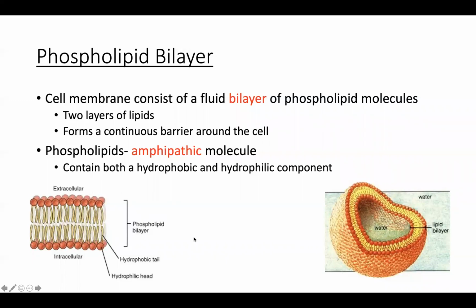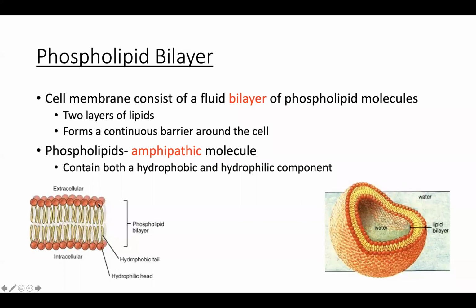Characteristically, we say that phospholipids are amphipathic molecules. Write this term down: amphipathic. This term amphipathic refers to the fact that this molecule has both a hydrophobic and a hydrophilic component. You do need to know this about the structure of the phospholipid, that it's an amphipathic molecule.